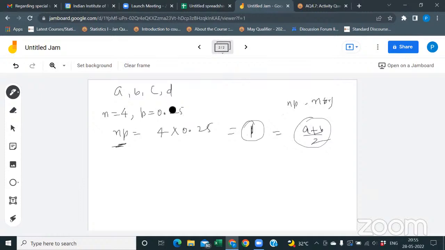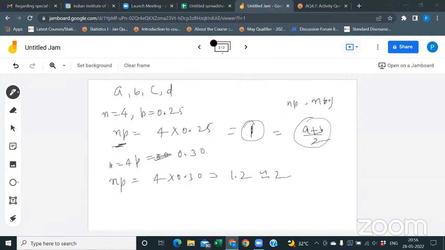Suppose you calculate the 30th percentile: your P will be 0.30, your N is 4, so NP is 4 into 0.3, which is 1.2. So we will take the second observation.